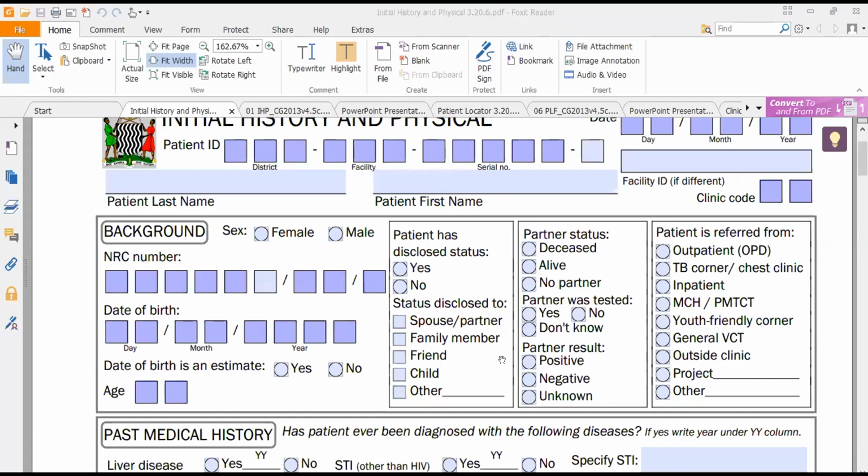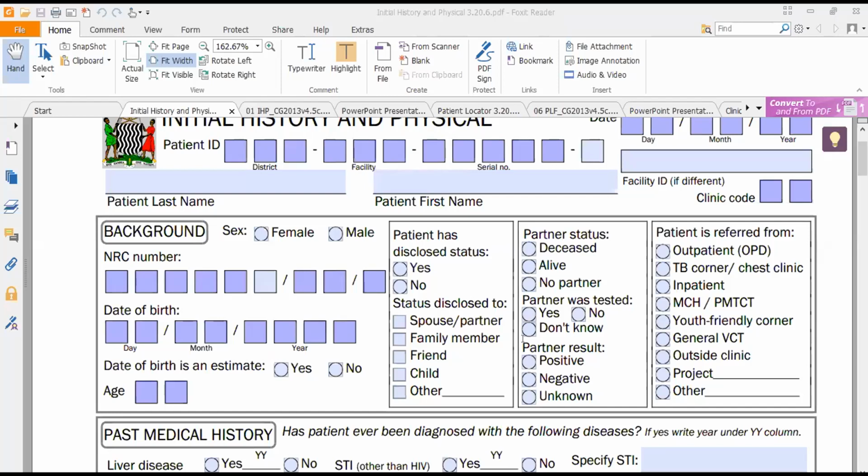Then you would go on to write whether the patient has disclosed status, and if they have disclosed to who, and the status of the partner, whether deceased, alive, or dead, or no partner. Then you would go into their status, is it positive, negative, or unknown, then where the patient was referred from. Then from there, you'll go into past medical history.